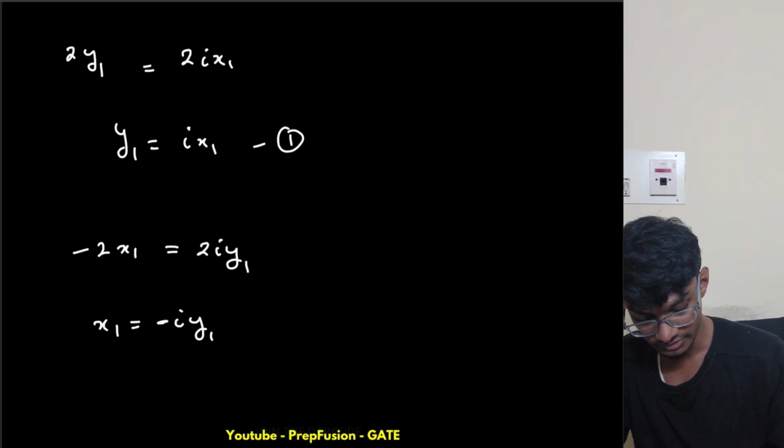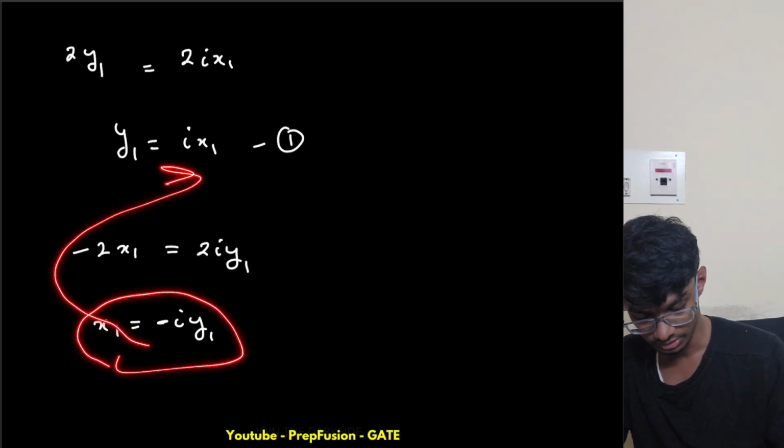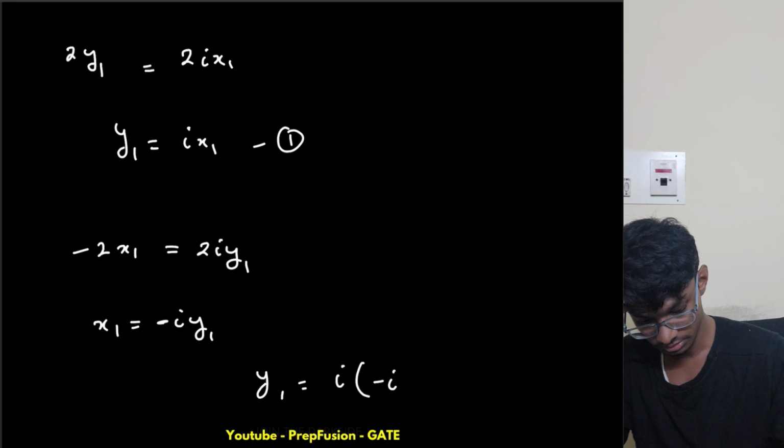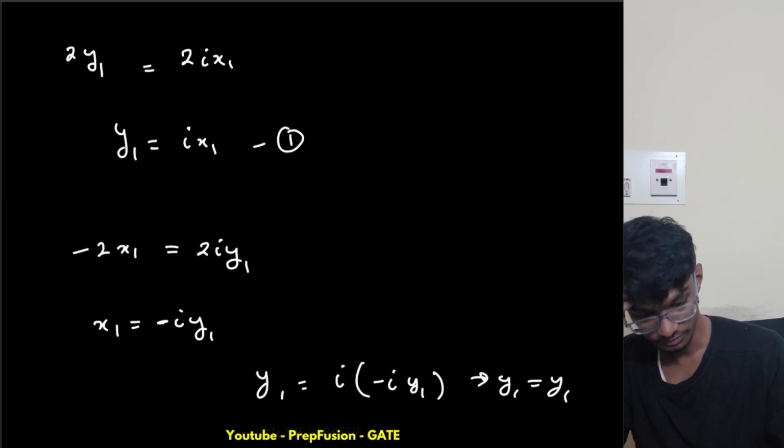So let me put this value of x1 in this equation. If I put this value, what do I get? y1 equals i times minus i y1. So this becomes simply y1 equals y1 only.